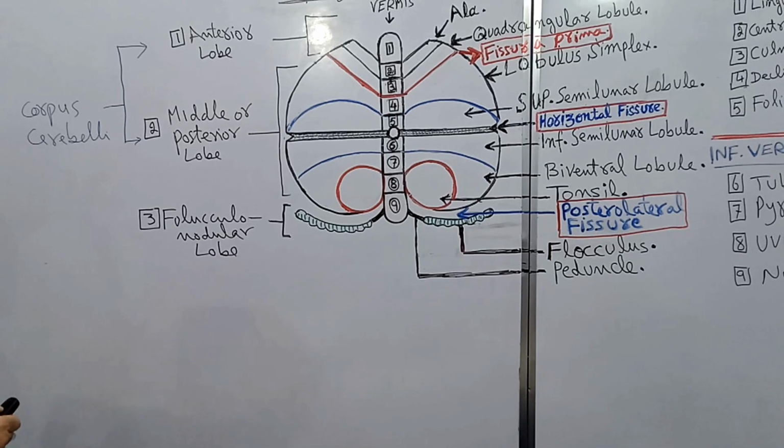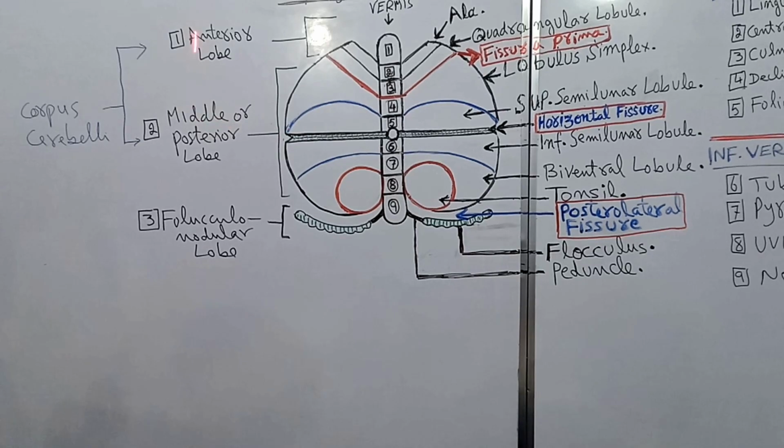Thus, gross anatomically we divide the cerebellum into flocculonodular lobe and corpus cerebelli, and the corpus cerebelli further comprises the anterior lobe and the middle or posterior lobe. Corpus stands for body. So this is how we divide the cerebellum into these three major lobes.